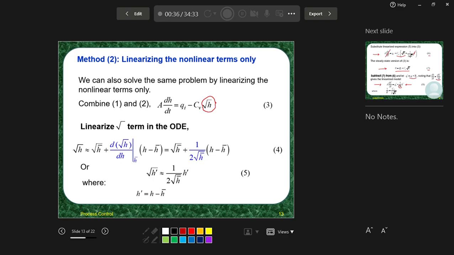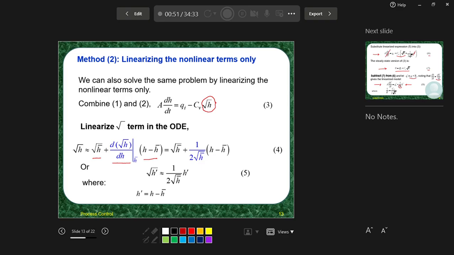Now, to linearize it, we will use the same Taylor series expansion. So the value of the function at steady state plus the derivative of the function with respect to h at steady state times the perturbation variable.